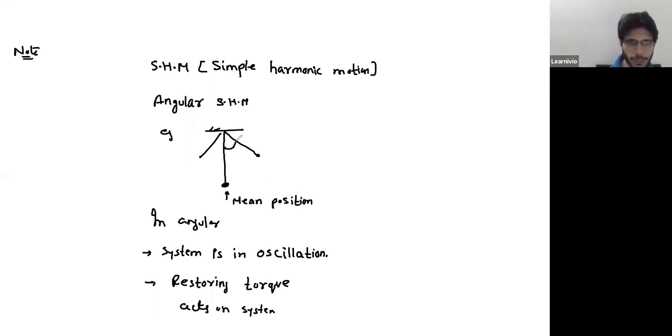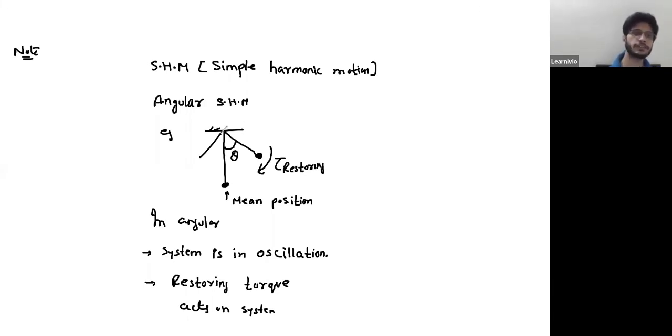If I disturb this pendulum by an angle theta, what will happen to the bob? Will it remain in this position only, or will it try to regain its mean position? It will try to regain its equilibrium position, which means a restoring torque is acting over it.